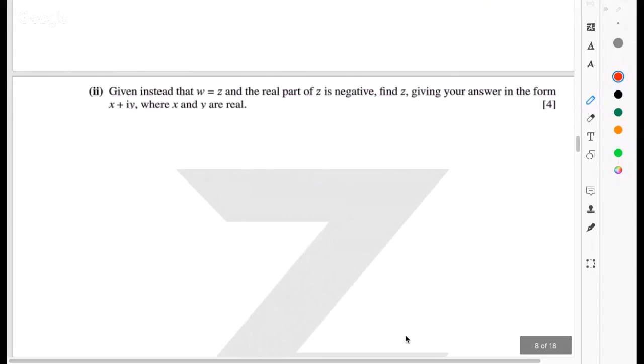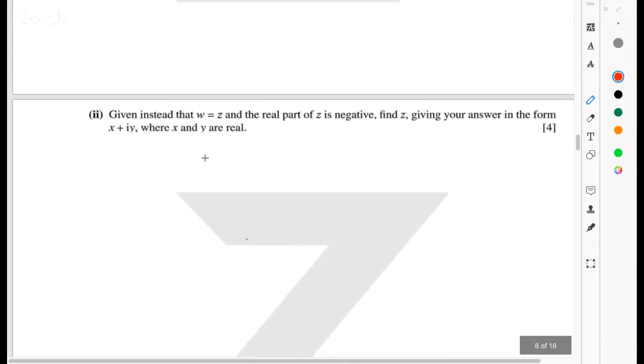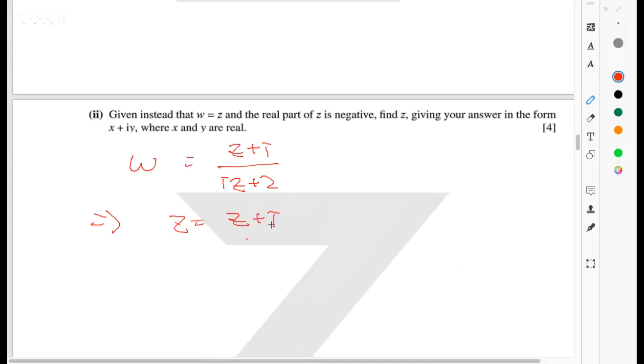And given instead that w equals z and the real part of z is negative, find z. Now it just becomes a quadratic equation in a sense. So in the beginning we have w is equal to z plus i over iz plus 2, and in question 2, we translate that into z is equal to z plus i over iz plus 2.